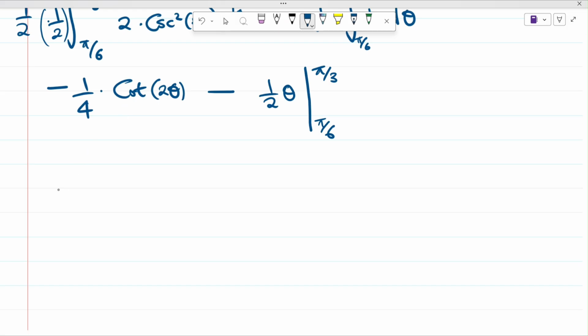So we know that we can't punch cot into the calculator if you're using the same calculator as me.